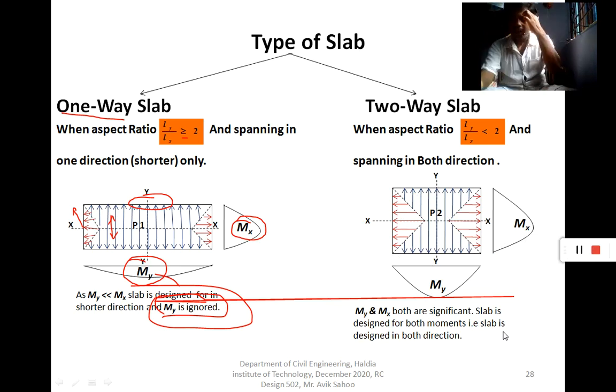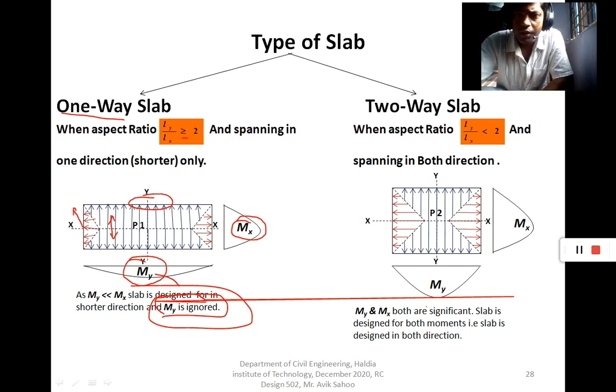So in a two-way slab, both spans are considered, whereas in a one-way slab only the shorter span is considered, because the longer span moment is very small compared to the shorter direction moment.